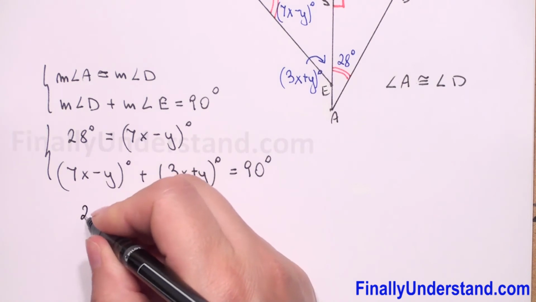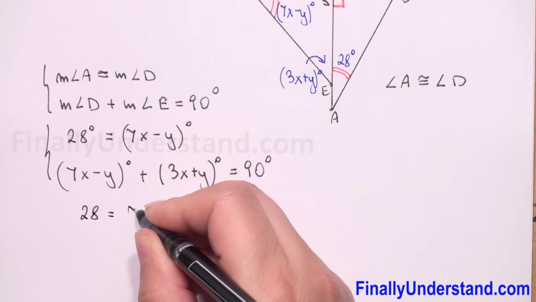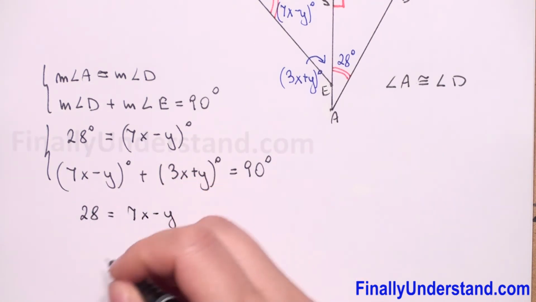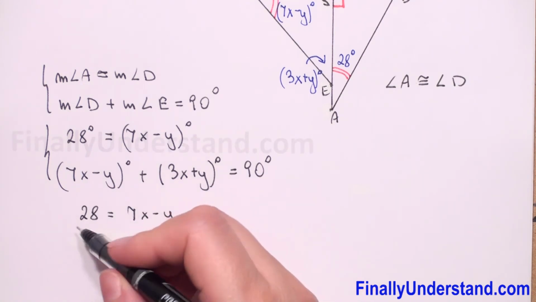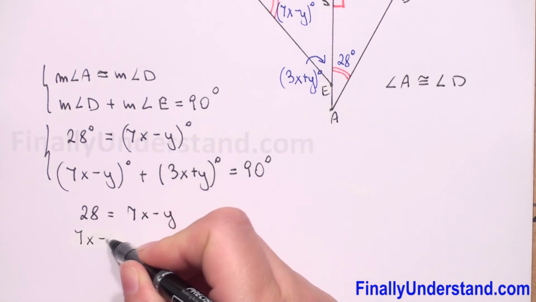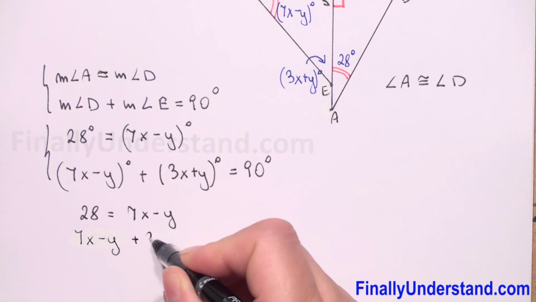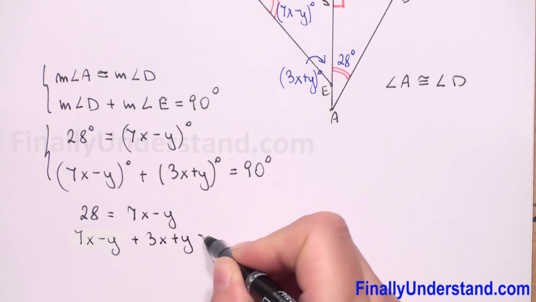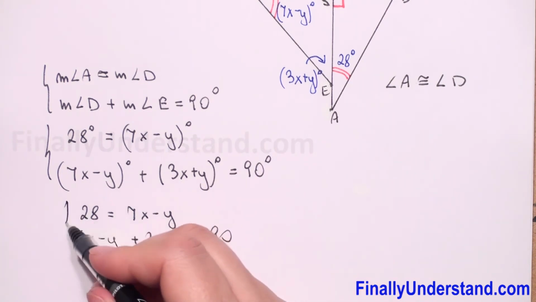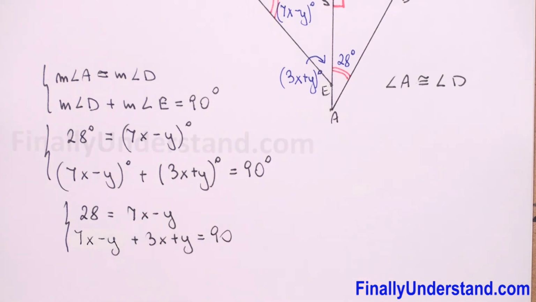So we have 28 is equal to 7x minus y. So we have 7x minus y plus 3x plus y is equal to 90. So we will copy the first equation.